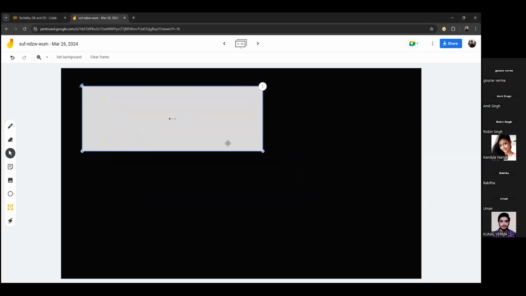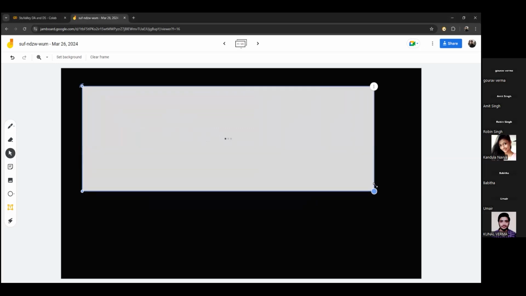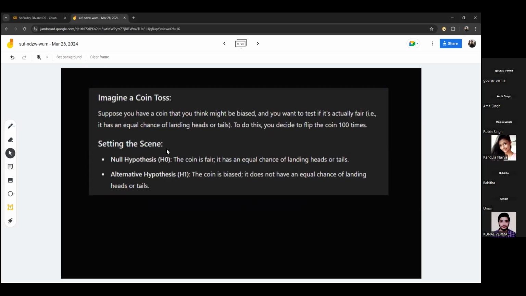Okay, so we are taking some condition here. See this. I'm explaining with the help of a concept, right? Imagine a coin toss we are doing. Suppose you have a coin that you think might be biased.